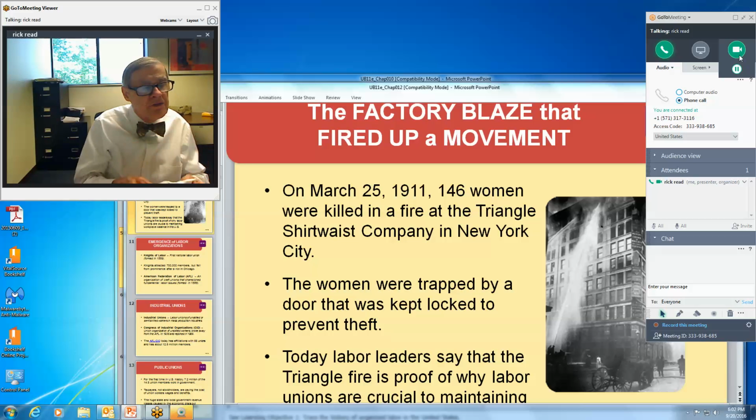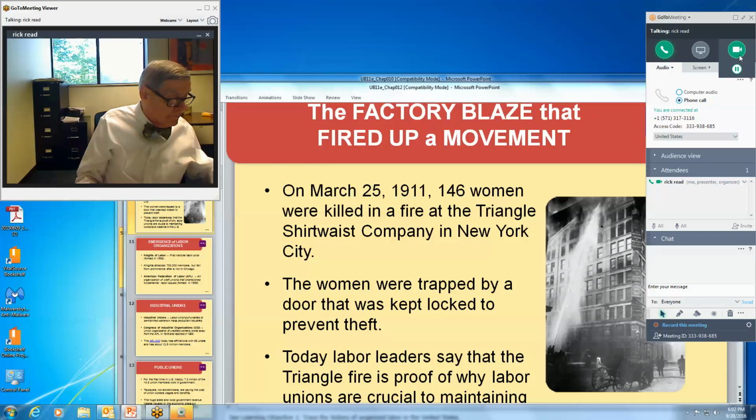This is one of the things that really helped unions take off in the United States: this terrible blaze at the Triangle Shirtwaist Factory in New York. Many women, 146, were trapped and couldn't get out.